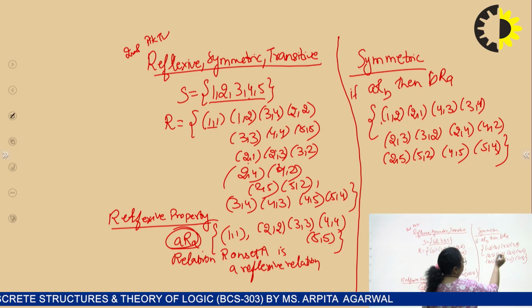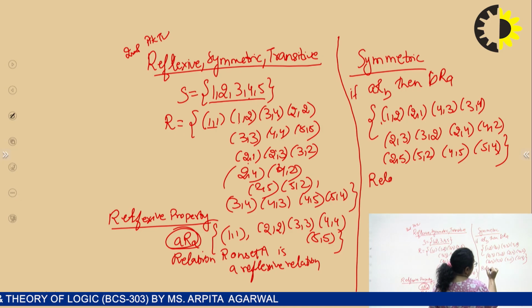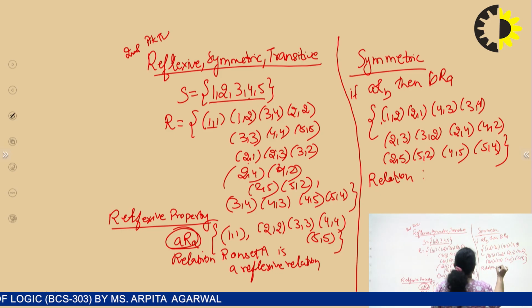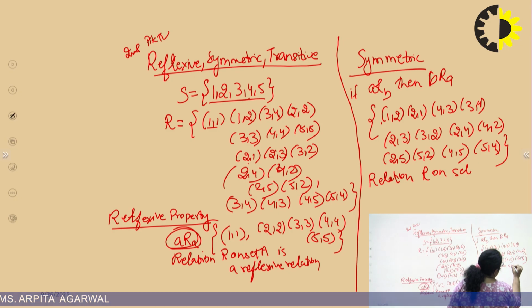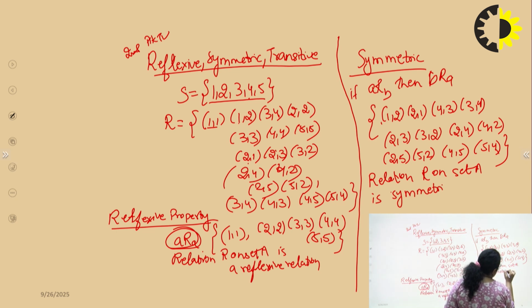So all the terms are present. So we can say that the relation R on set A is a symmetric relation.